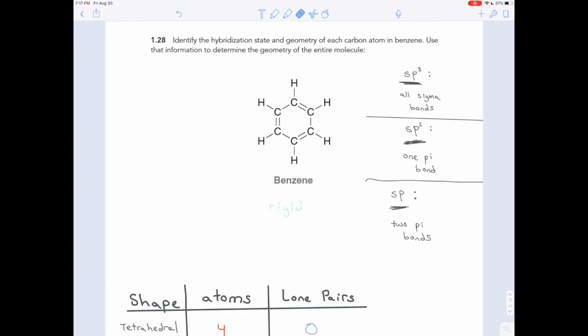In this question, though, they're just introducing you to benzene and trying to get you to think about the hybridization on the carbons and also the shape around the carbons. So let's pick a carbon. I'll do this one right here. If you notice, all of these carbons are symmetrical, so they're all in the same scenario. The first bond you ever form is a sigma bond, so you have one sigma bond, two sigma bonds.